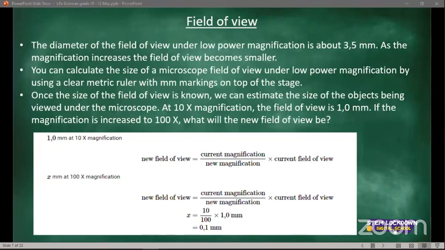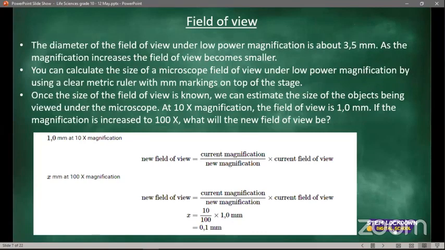So Megan is asking if we use a metric ruler. Yes, we do. Now, if we have a 10 times magnification with a field of view of 1, and then the magnification is increased to 100 times, what will the new field of view be?